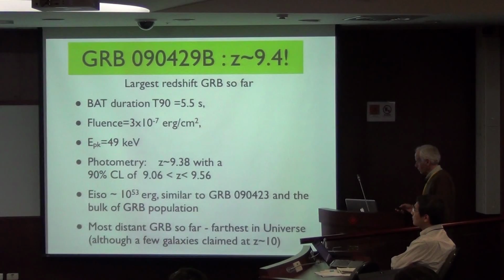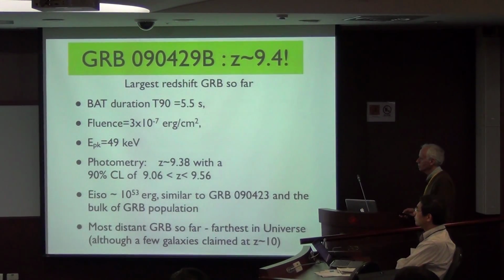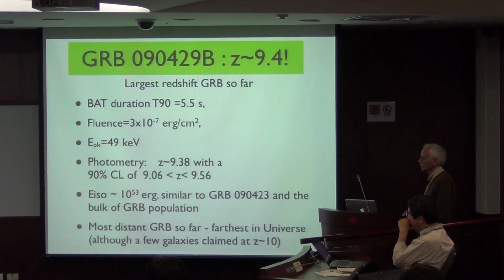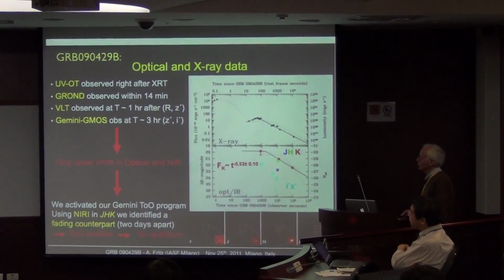All right. So I mentioned that these objects have so far the largest redshift. It's a photometric redshift, but it's quite believable. The E_iso is not crazy, it's 10 to the 53 ergs, similar to some of the other ones. Because it's so far away, its E_peak is relatively low.